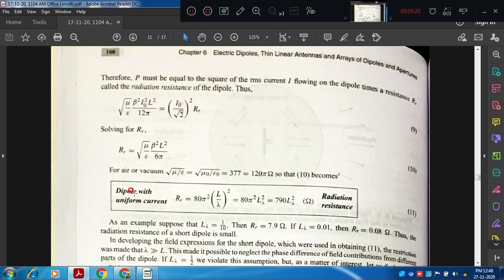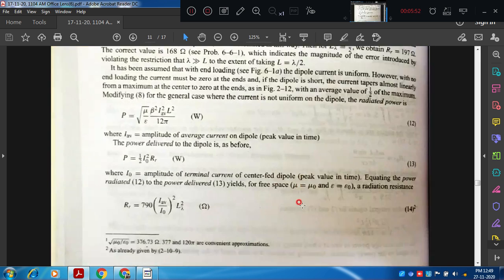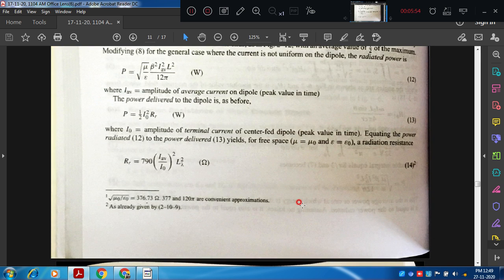So therefore, for a dipole with a uniform current, its radiation resistance is given as R_R equal to 80 pi square (L by lambda) whole square, which is equal to 790 (L by lambda) square ohms, right? So this is the required expression for the radiation resistance of a short dipole antenna, which is 790 (L by lambda) square. This is the required expression.